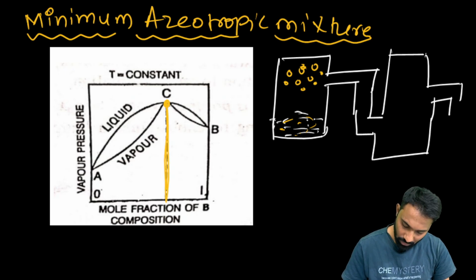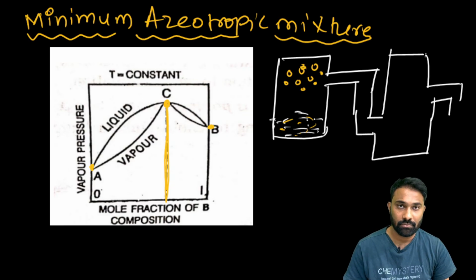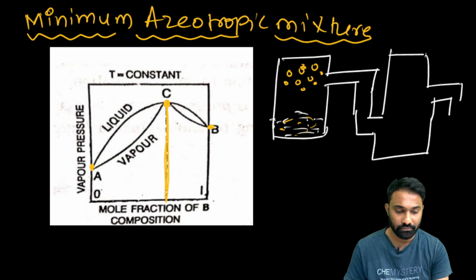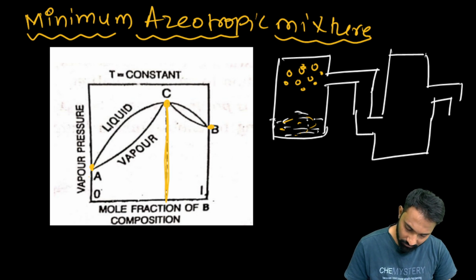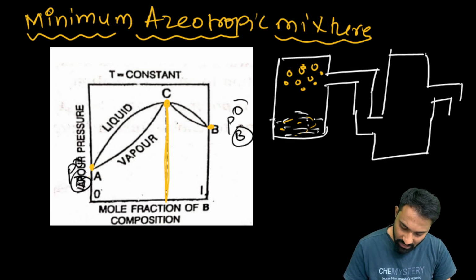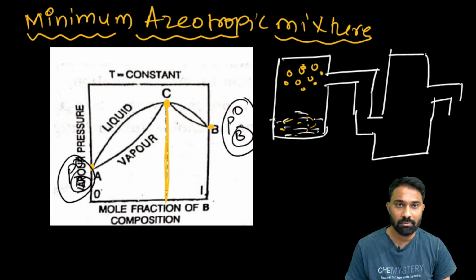Now, one component is A and the other is component B. Whatever we have here is P naught A, and here is P naught B. The vapor pressure of B is higher than the vapor pressure of A.